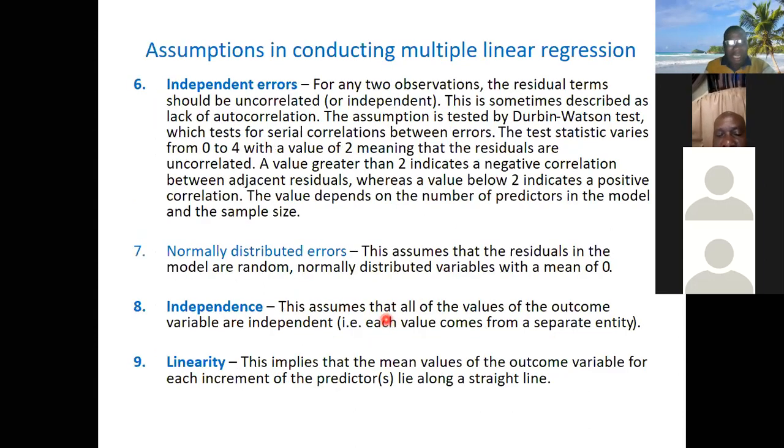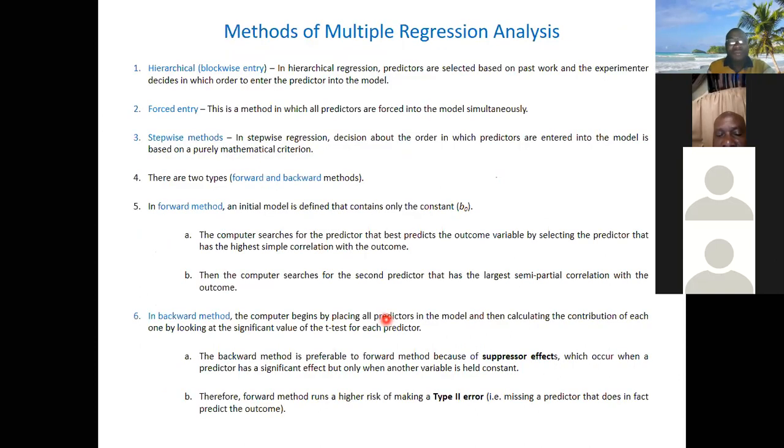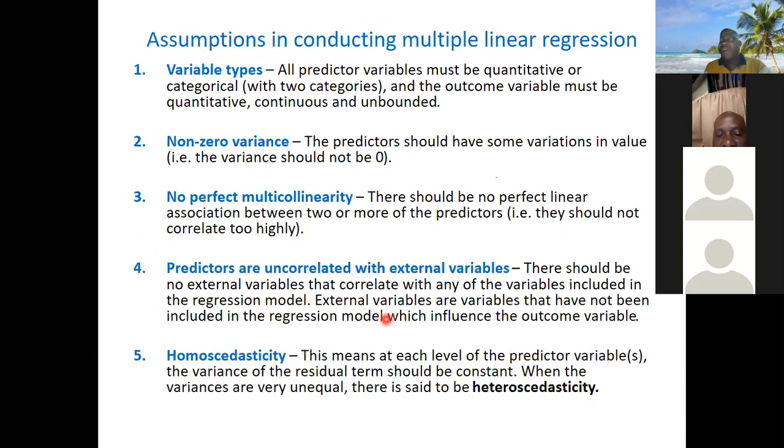Then there's something I thought I put here: suppression. When I was talking of why people prefer backward rather than forward, it is the suppression effect. There are some variables that will not manifest. It's still related to this multicollinearity. In the presence of another variable, it will not manifest, or in the absence, when the other variable is not there, they show.